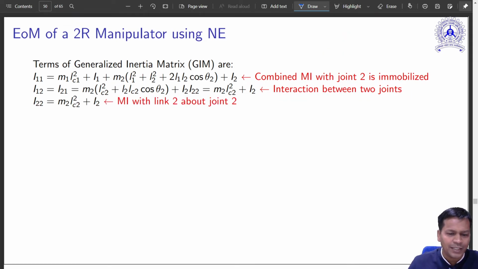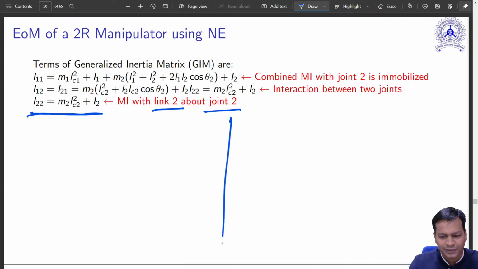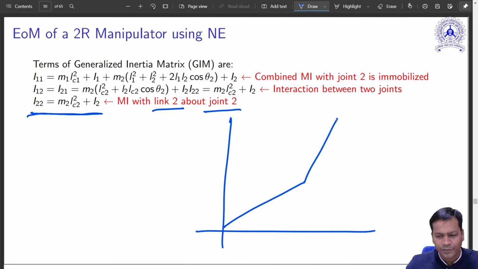And the last term, what is this? It is the moment of inertia of link 2 about joint 2. It is quite simple. It is purely the moment of inertia of the second link about joint 2.